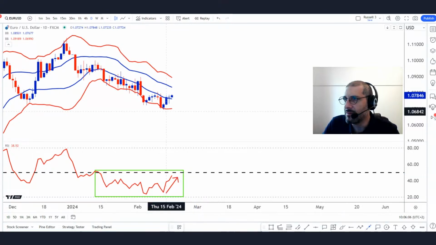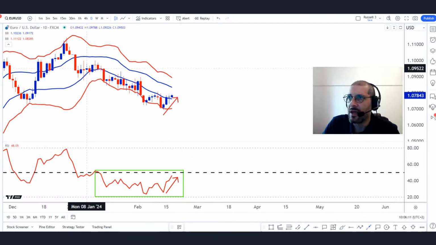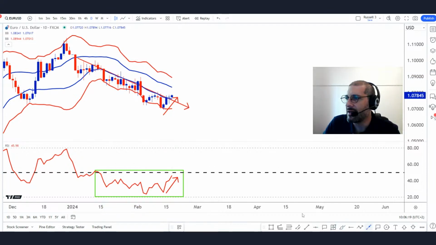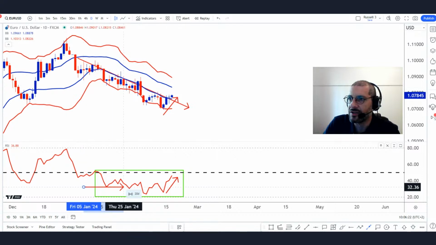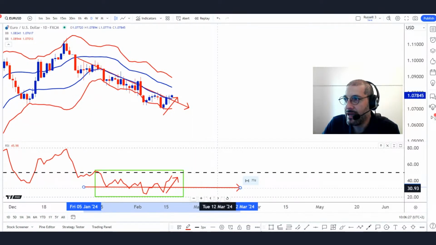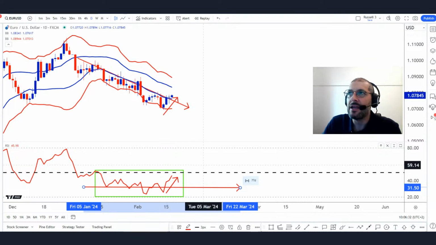Which ties in with movement here. Okay, so that kind of makes sense. But by and large, we've got a strong downside movement in the euro-US dollar, and given the longer term downside movement, it makes sense that the RSI is sub 50. It's just this last leg up that we're seeing reflected in the RSI.